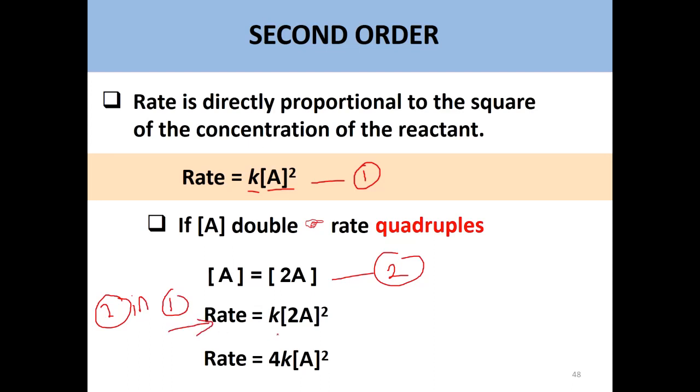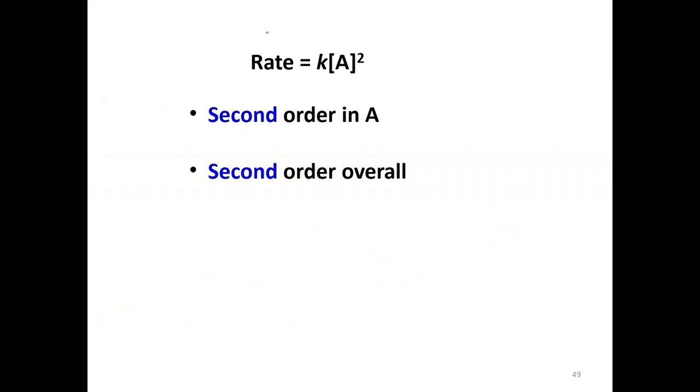The rate is equal to k A to the power of 2, so you have 4 k concentration A to the power of 2. So the rate will be quadrupled, 4. This is second order in A and second order overall.